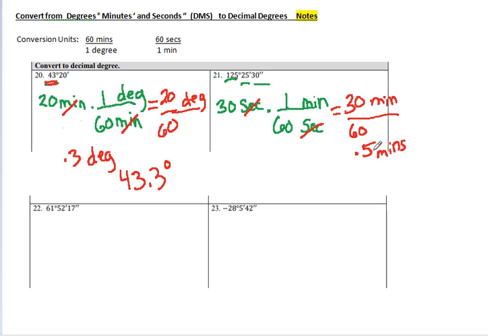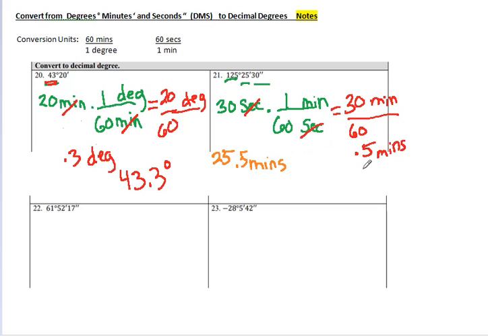Now we're going to take that 0.5 minutes and stick it with the 25 minutes that we have going on there. So we have 25 minutes. Oh, I forgot the part I was supposed to add in. 25.5 minutes.